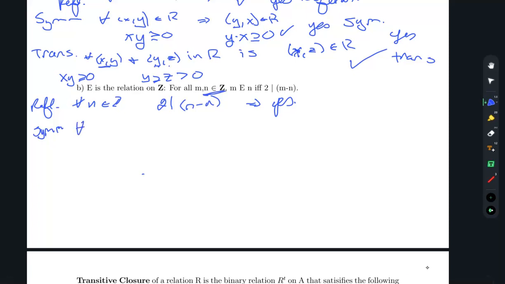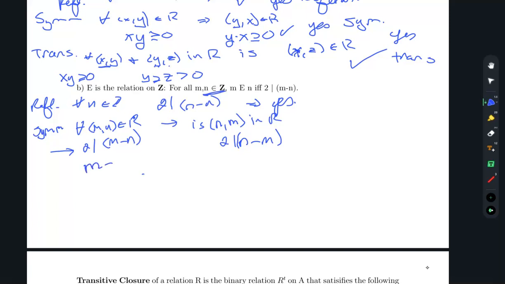Okay, so let's go to symmetric. For every m, n in the relation, that means 2 divides m minus n. The question we're asking is, is n, m in the relation R? That would mean 2 divides n minus m. Let's check it out. This translates to m minus n equals 2k.